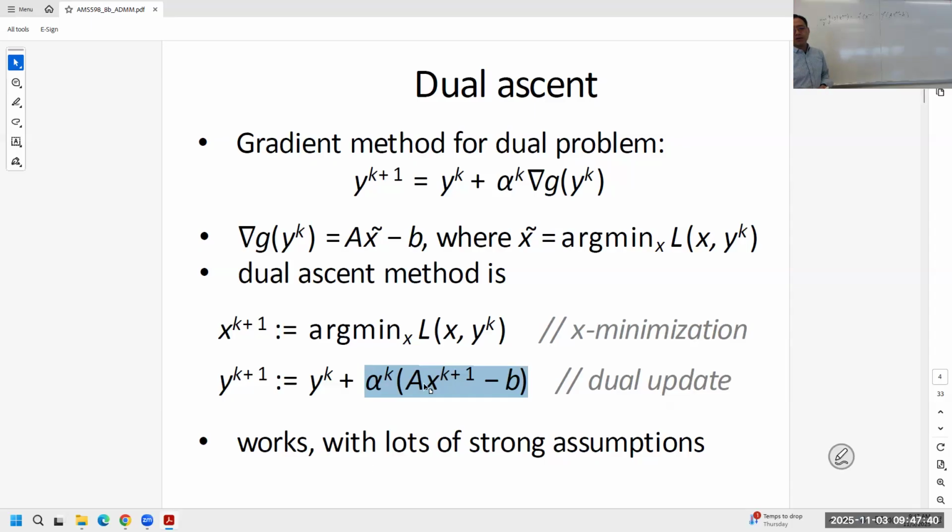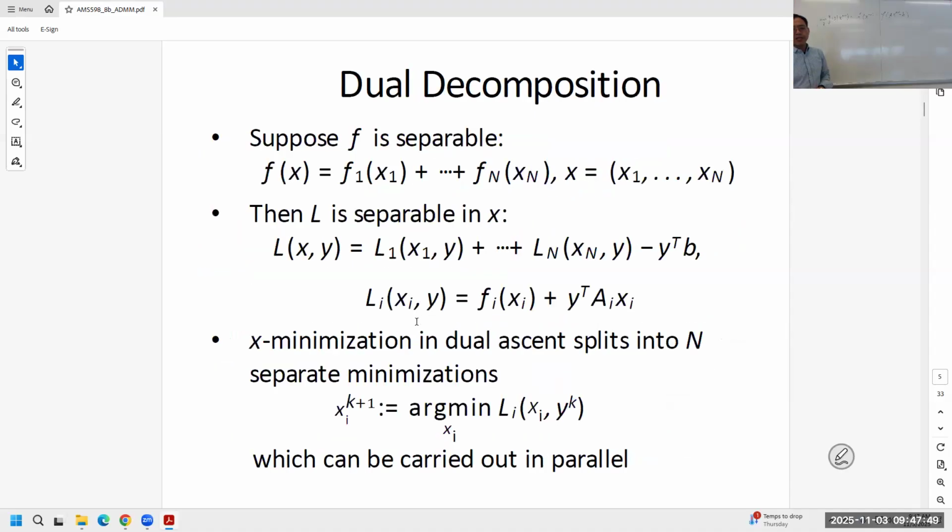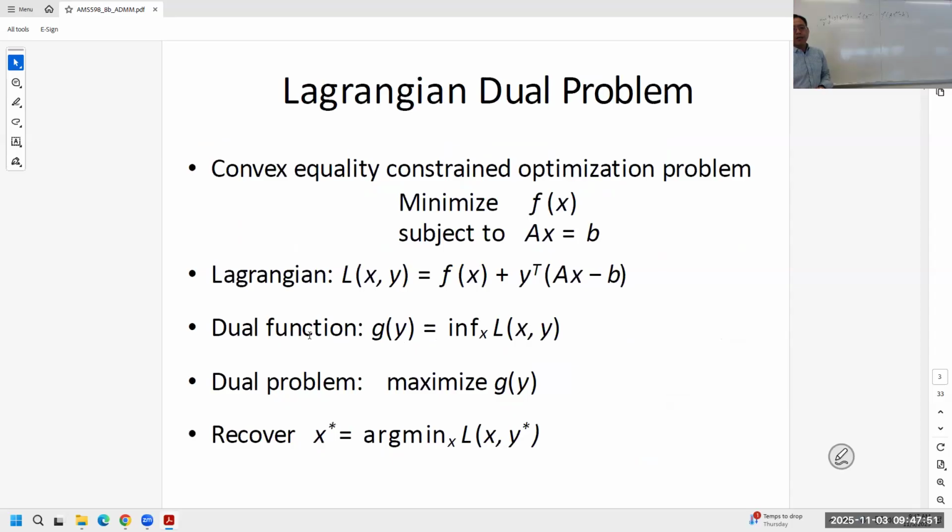This step tries to maximize the dual function, but it's not a real maximization.